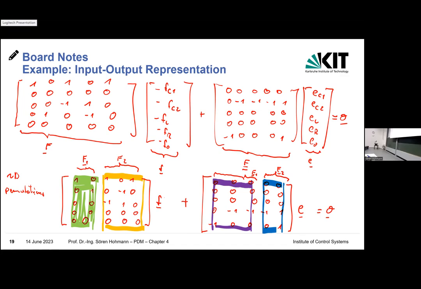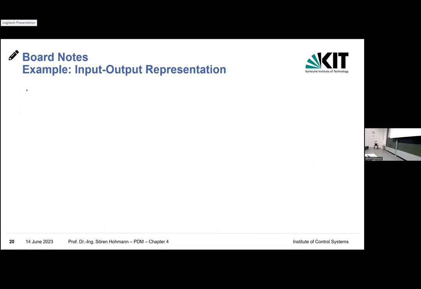Just change the order of the numbers of the equations. Okay, so put it all together: F1 and E2 in one equation.